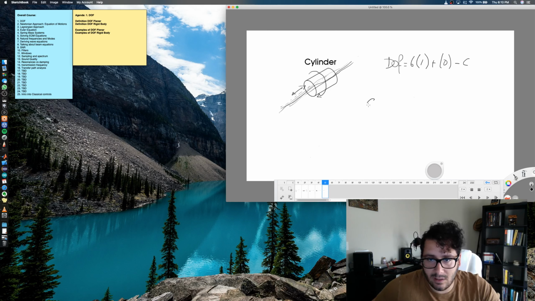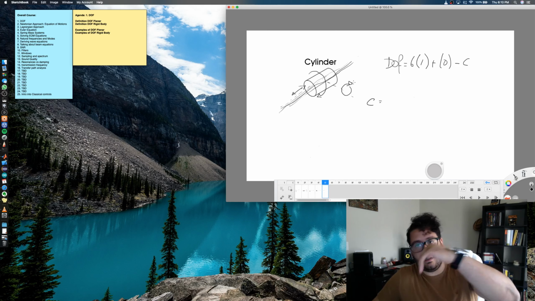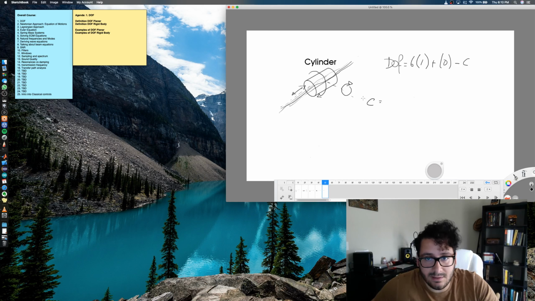Well, let's try to look at this, right? Okay, can it rotate in this direction? Yes, it can. All right, what can't it do? Well, it looks like it can't rotate about this axis, right? It can rotate this way. So that's one constraint that I know of. Okay, can it rotate this way? Can it rotate about this axis? No, it cannot.